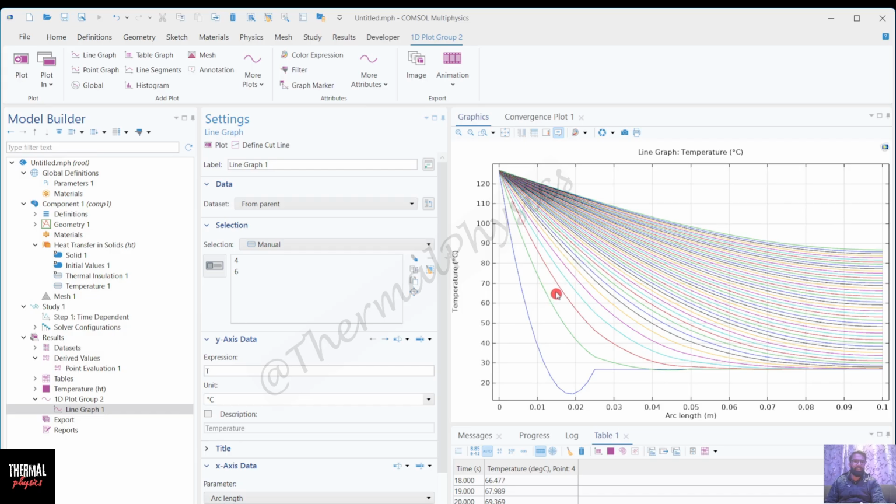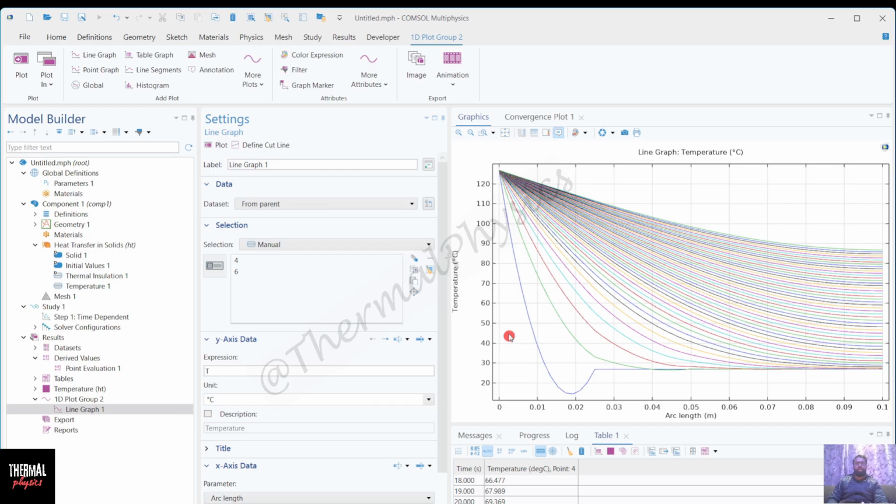This is after 1 second, this is after 2 seconds, 3 seconds, and up to t equal to 50 seconds. Initially the left side is at 400 Kelvin, which is around 127 degrees Celsius. Then the temperature decreases along the thickness in this manner.